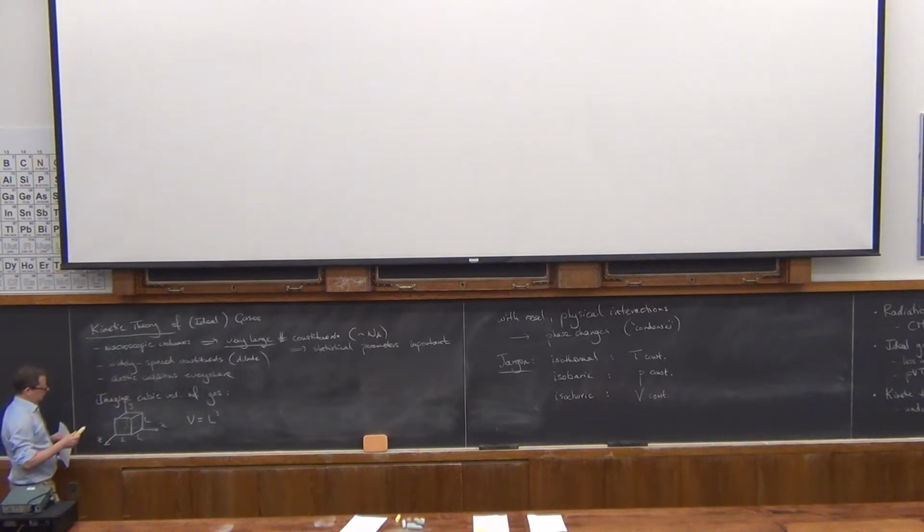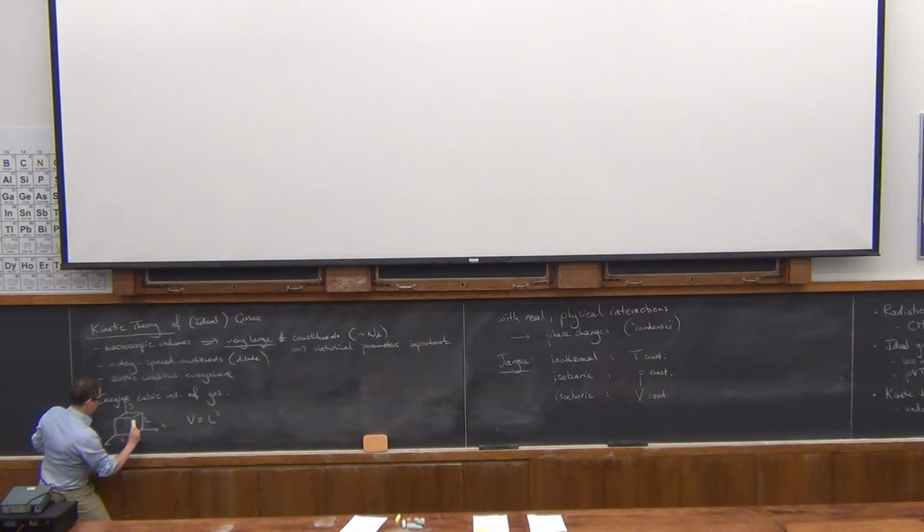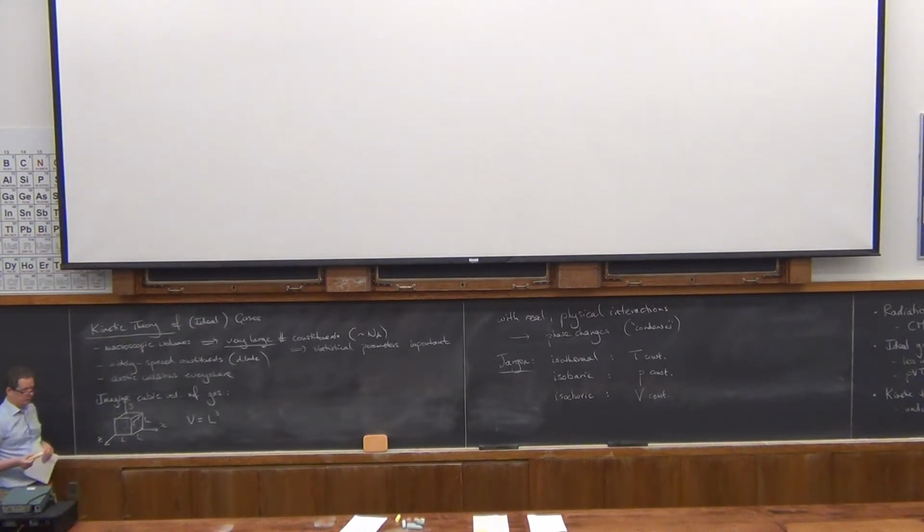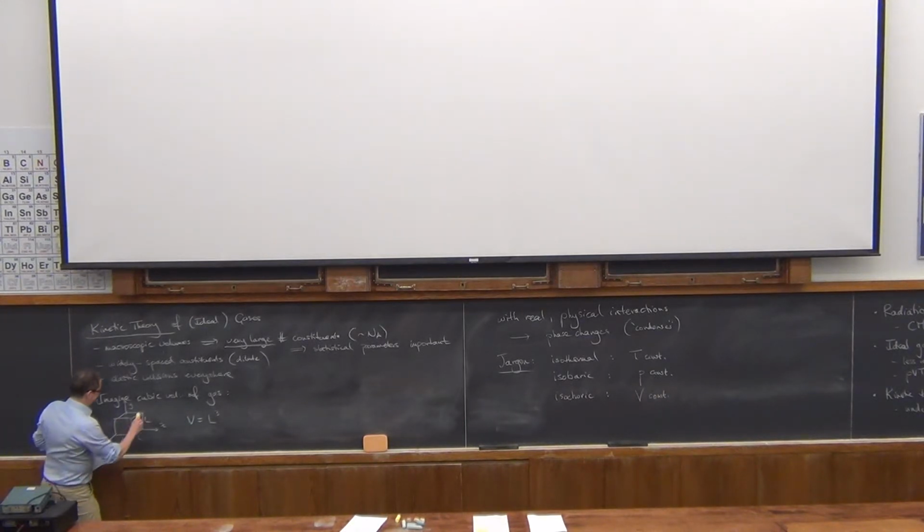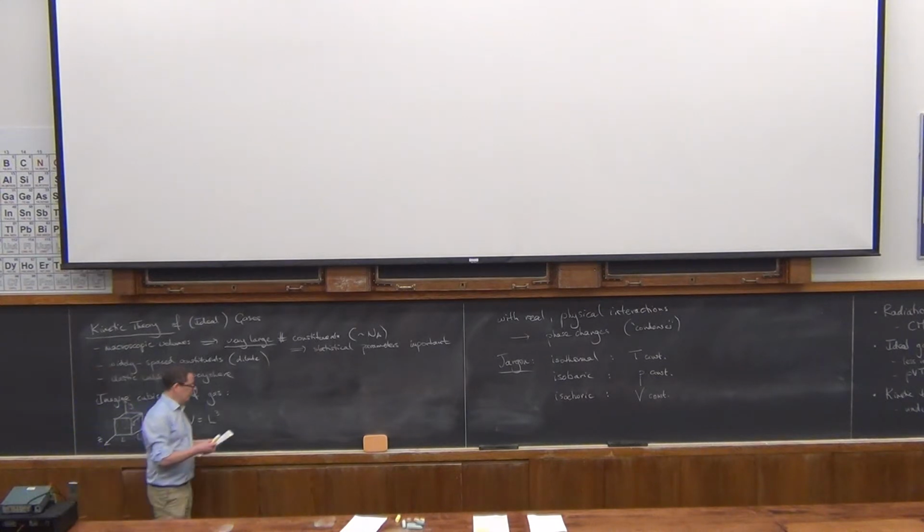And I'm going to look to begin with at a single molecule or atom inside here. Let's say it has an intrinsic mass m, and it's moving in some random direction with a speed v. So here's obviously the microscopic perspective, and that's what I want you to be thinking about.